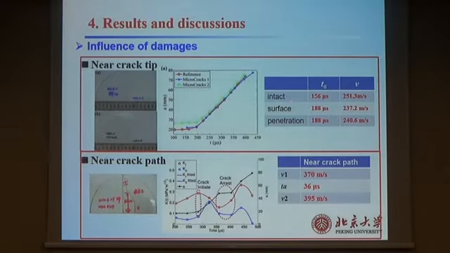You can see the result: at the beginning the crack starts moving, the time is different, and even the velocity is different. This is where we think about the damage near the crack propagating path. You can find that the crack moving, its energy, even the speed, change.